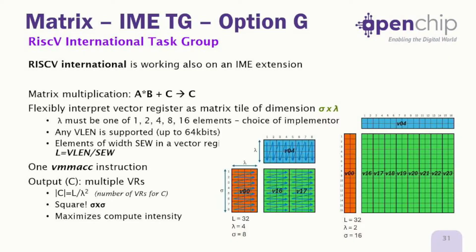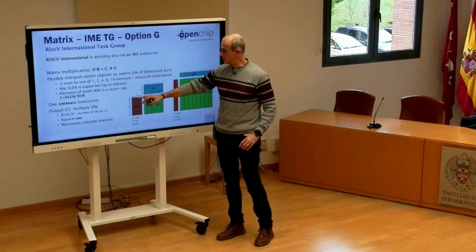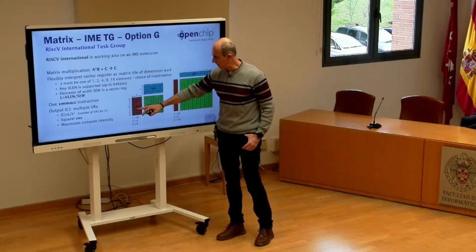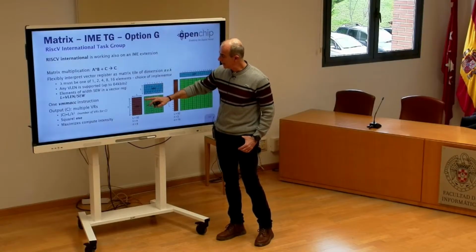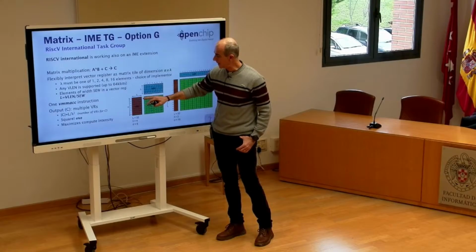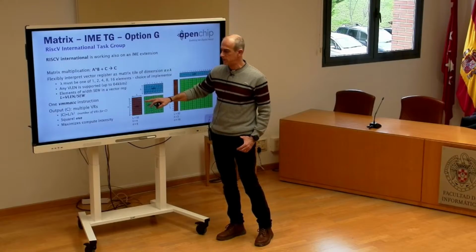This is the way the IME works. These are the vector registers. They are designed in this way, not linearly, because we are trying to arrange the data inside a vector register. This is, for example, the v0 vector register, and this is the v4 vector register. You arrange the data in this way, in what is called row major order.